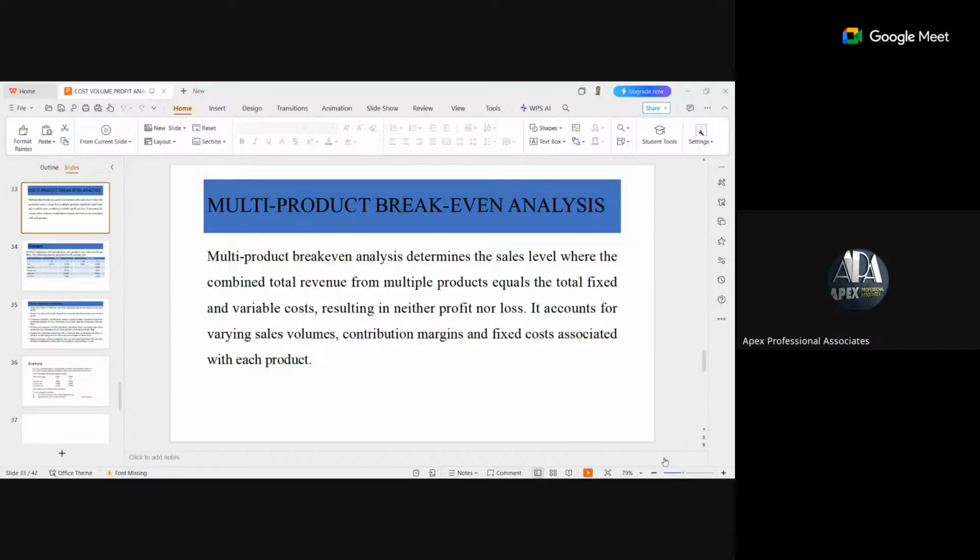I discovered that during the last diet, when I asked one of my students to solve a question on cost volume profit analysis, she was not mindful of the fact that the fixed cost is a whole, combining both products A and B. So she went ahead to solve using the normal approach, just as we've done yesterday.